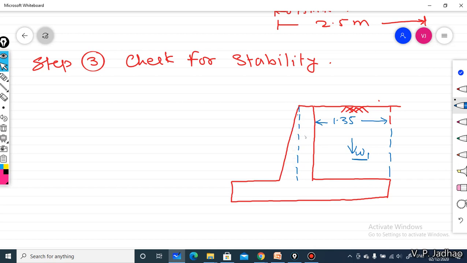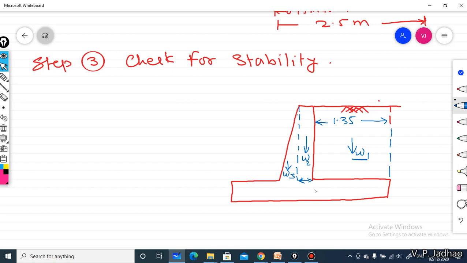Let us consider the weight of this rectangular portion is W2, and it will be acting at the midpoint, that is 0.2 by 2, because we have this width as 0.2 meter. So it will be acting at a distance 0.1 from the face of your retaining wall. Again, there will be some force of this triangular portion. Let us consider this as W3.